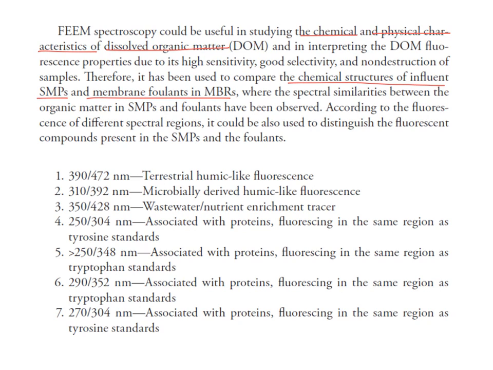For instance, 390 and 472 nanometer means terrestrial humic-like fluorescence, and 301 and 392 nanometer means microbially derived humic-like fluorescence. So we have organics assigned for each region in this FEEM map.